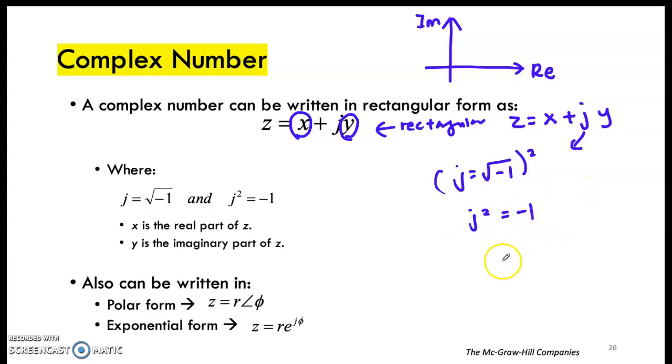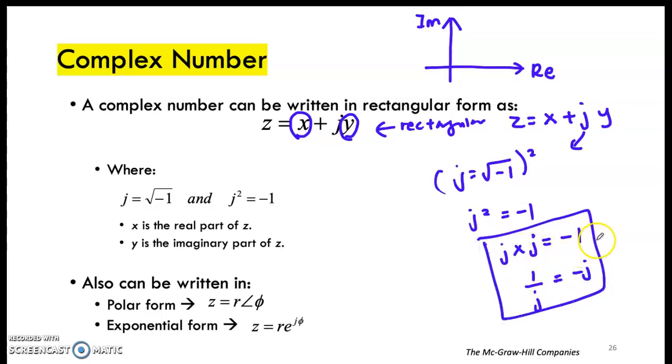Another important concept is j multiplied by j. Since j squared is minus 1, j multiplied by j is minus 1. For division, 1 over j is actually minus j. These two are important concepts for complex numbers when you are trying to solve the phasor equation after this.